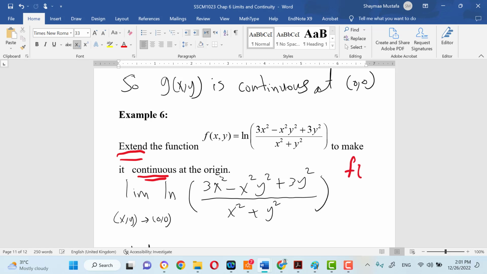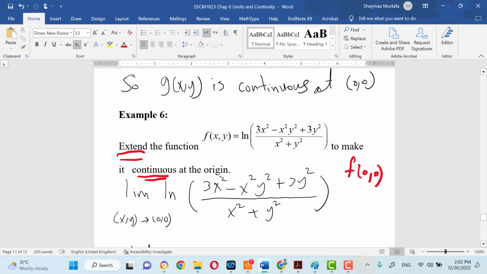If the limit does not exist, we cannot extend the function to be continuous. We can do the extension only if the limit exists but is not equal to the function at this point. So you redefine the function at this point.